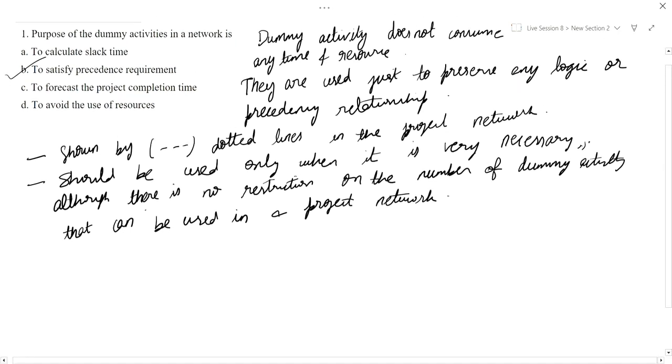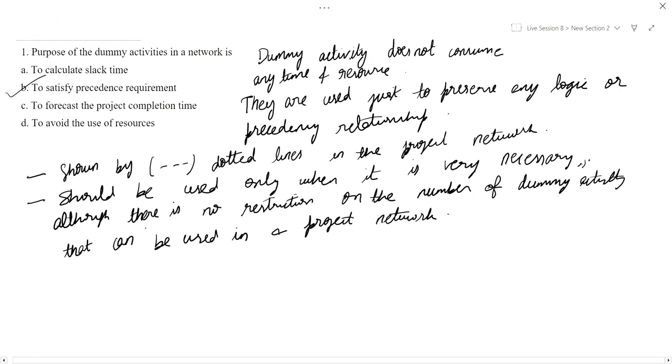So this is about dummy activity, and we will also see a short example. Suppose this is a network, followed by another activity.